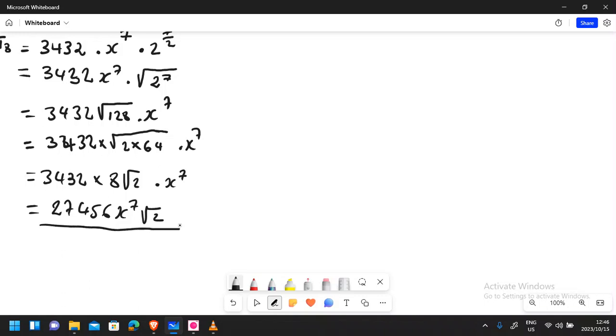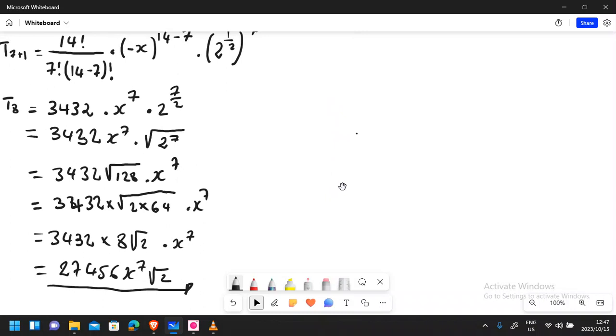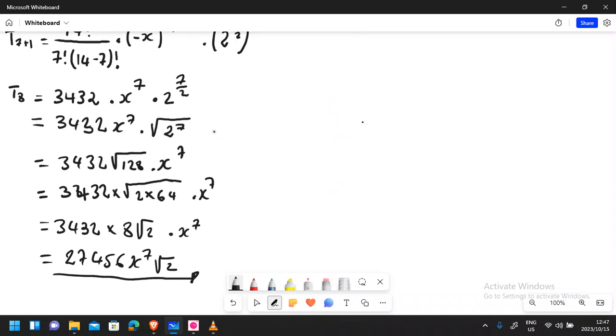So this could be a final answer if they say leave it in surd form. But again, some of you might use a calculator when it comes to this point here, and then you can just write the following answer: 38,828.648 x to the power of 7.